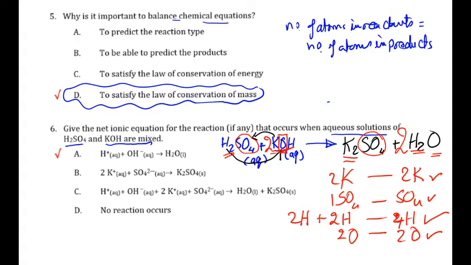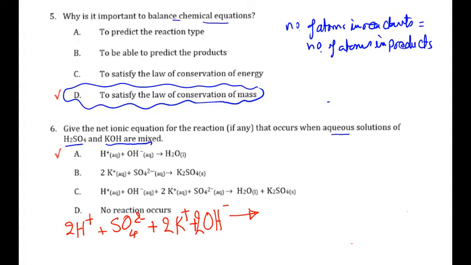After that, we need to write the ionic equation. To write the ionic equation, we need to separate the molecules into ions. So H2SO4 will transform into hydrogen positive ion and sulfate negative ion. KOH will be changed into potassium positive ion and OH negative ion.